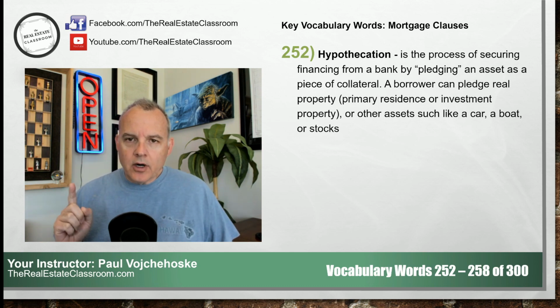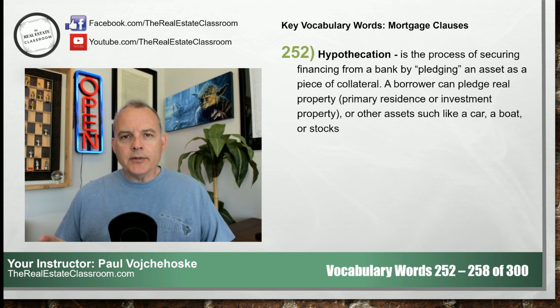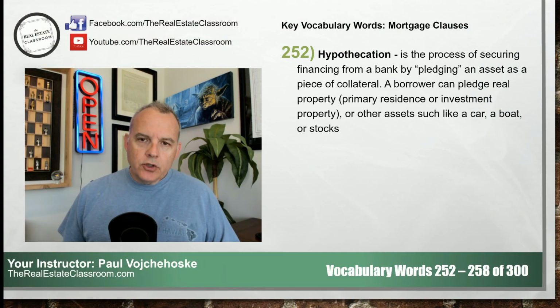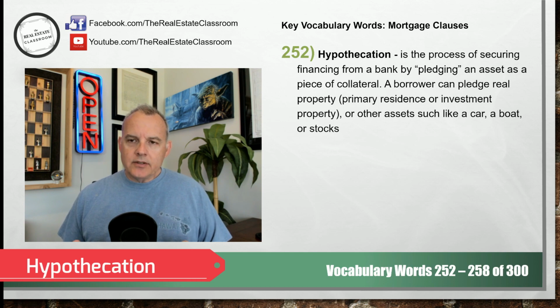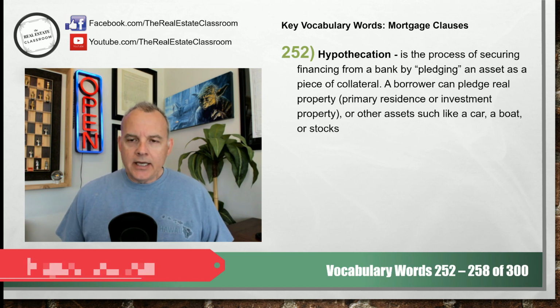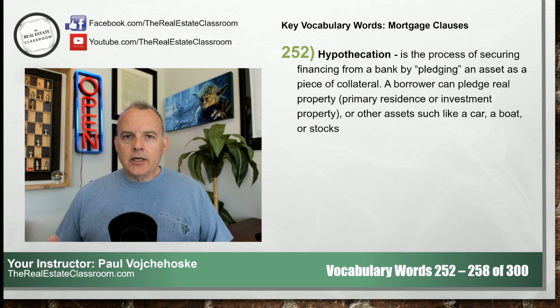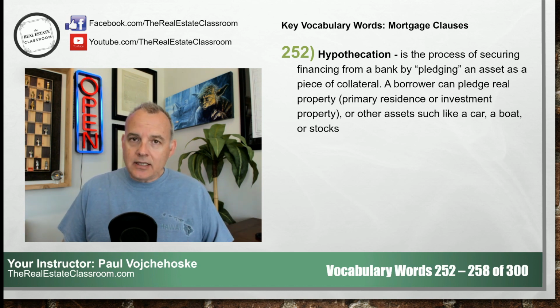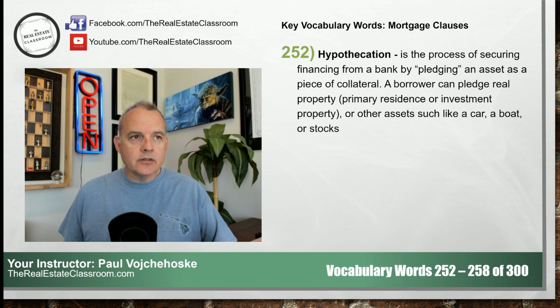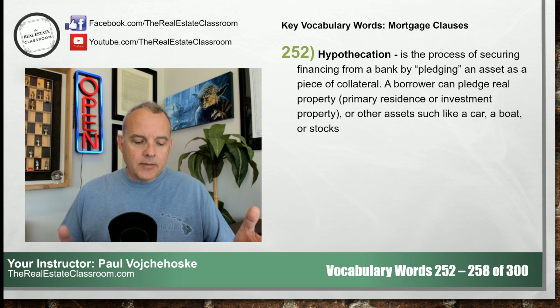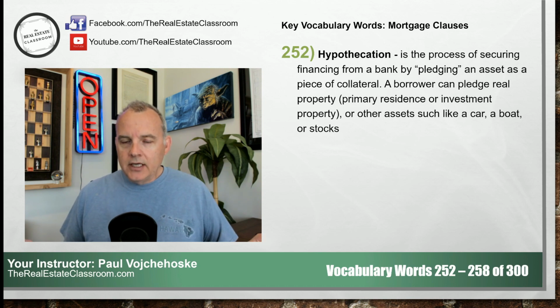All right, let's get back to our key vocabulary words you need to know to pass your real estate exam. 252, hypothecation. This is a process of securing finance from a bank, a lender, a mortgage company, whatever the case may be, by pledging an asset such as your primary house, an investment property, or maybe some other type of asset like a stock, a bond, a car, a boat, an RV.